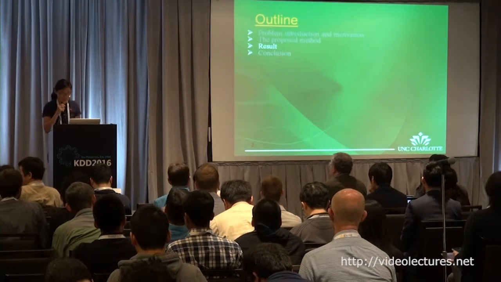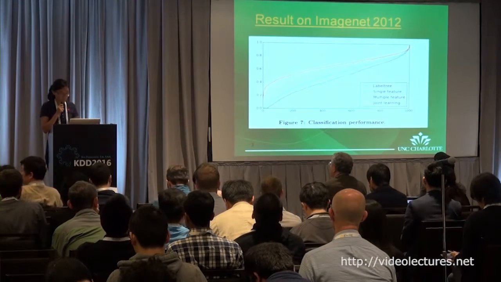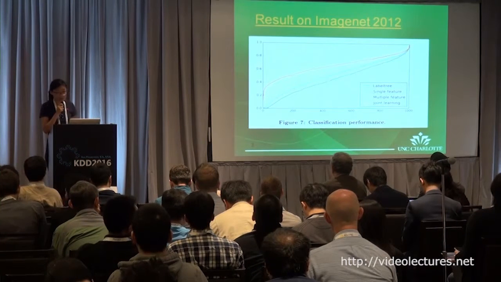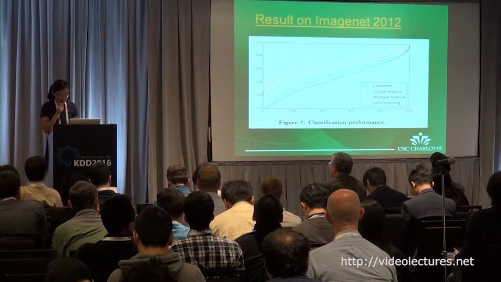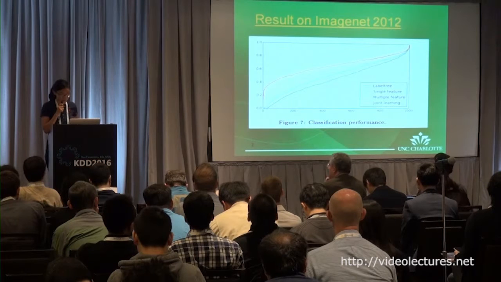So this is the overall method, and due to time limitation, I will show you one result from my experiment. I did this on the ImageNet database, which has 1,000 categories, and each category has more than 1,000 images.